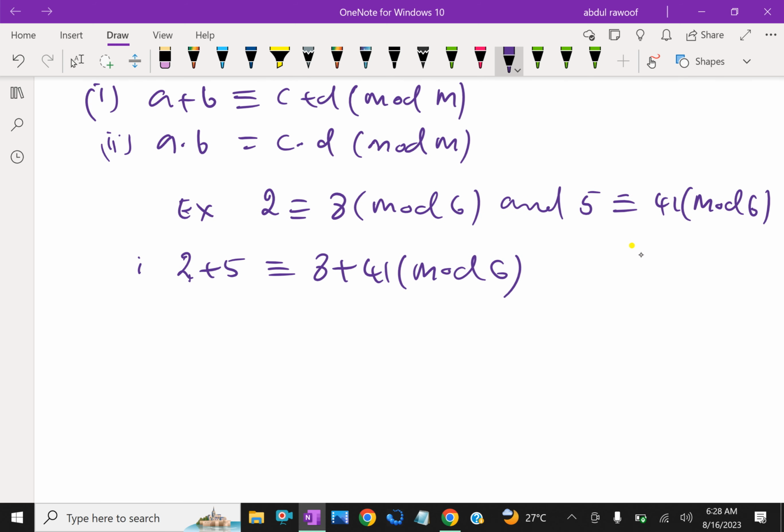Suppose AB is congruent to AC mod M and D is equal to GCD, greatest common divisor, of A comma M. Then you can say B is congruent to C mod M slash D.